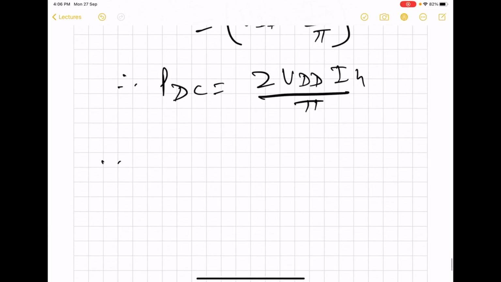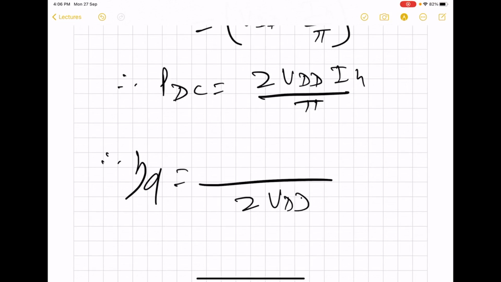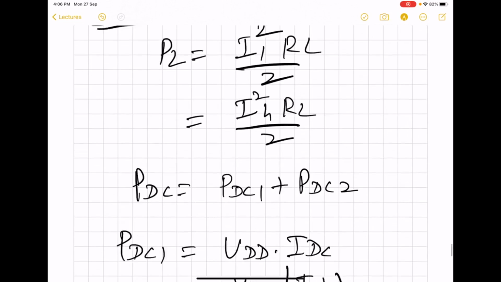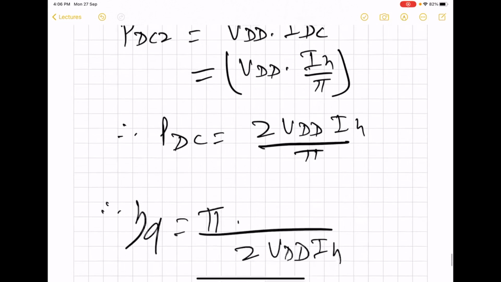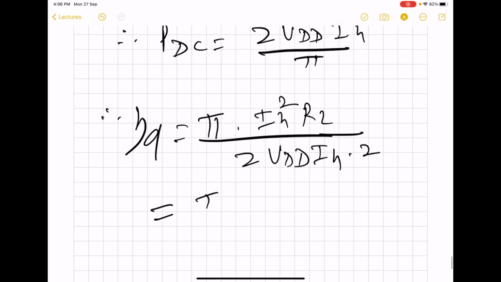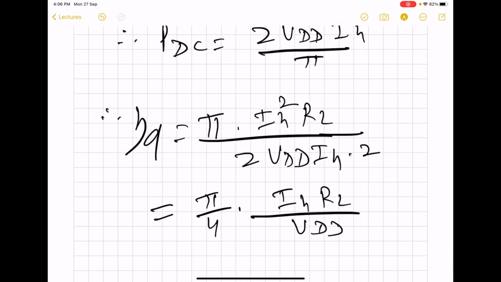So therefore, the efficiency is IH square RL by 2 divided by 2 VDD IH by pi. So this becomes pi by 4 IH RL by VDD.